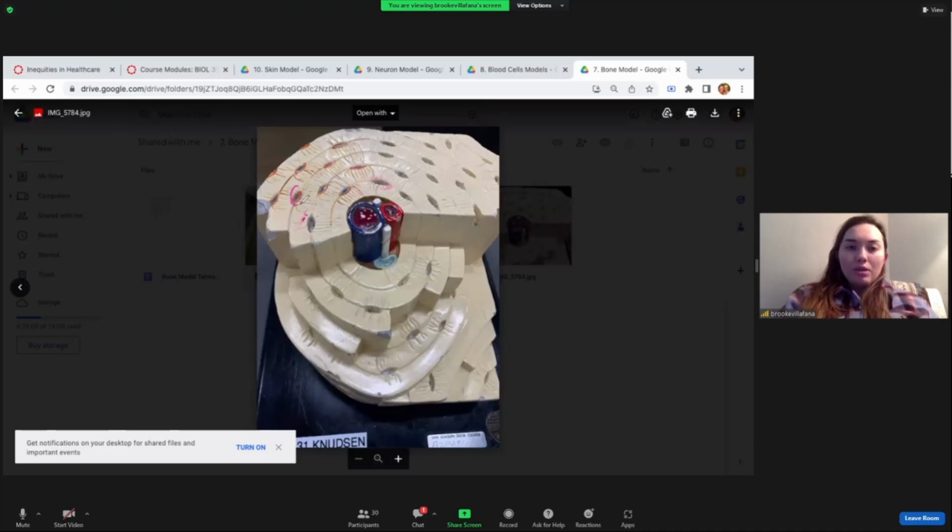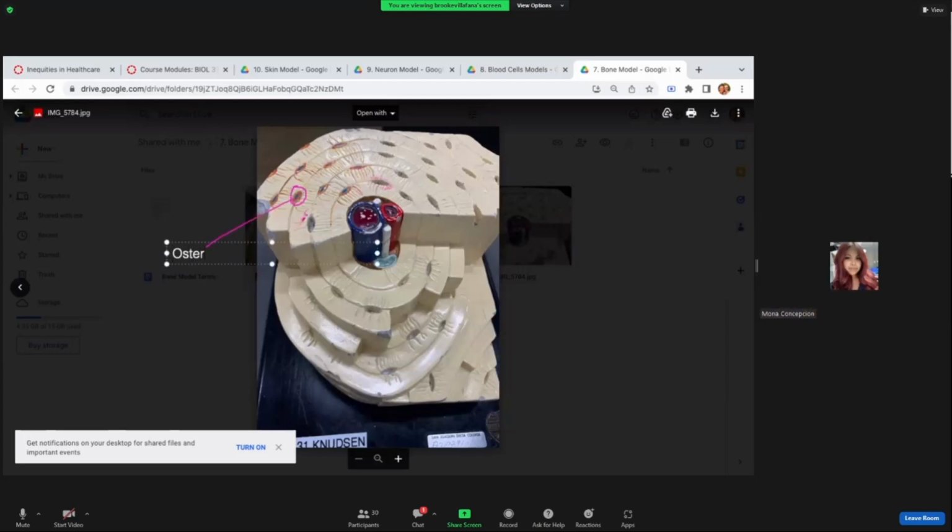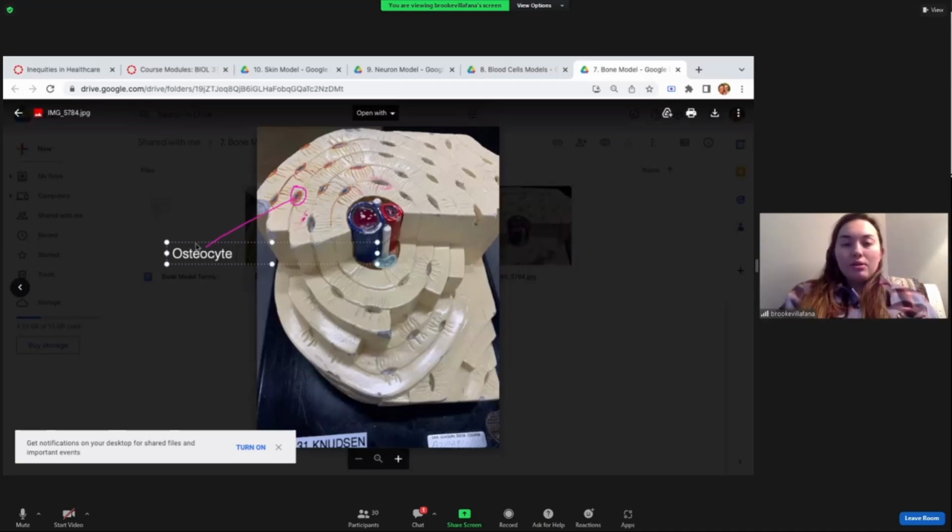So what you see over here looks kind of like a cell. It's blue and orange. That cell is your osteocyte, right? So that's the cell in the bone. And then it sits inside of these houses, these empty circles, right? And those are your lacuna.